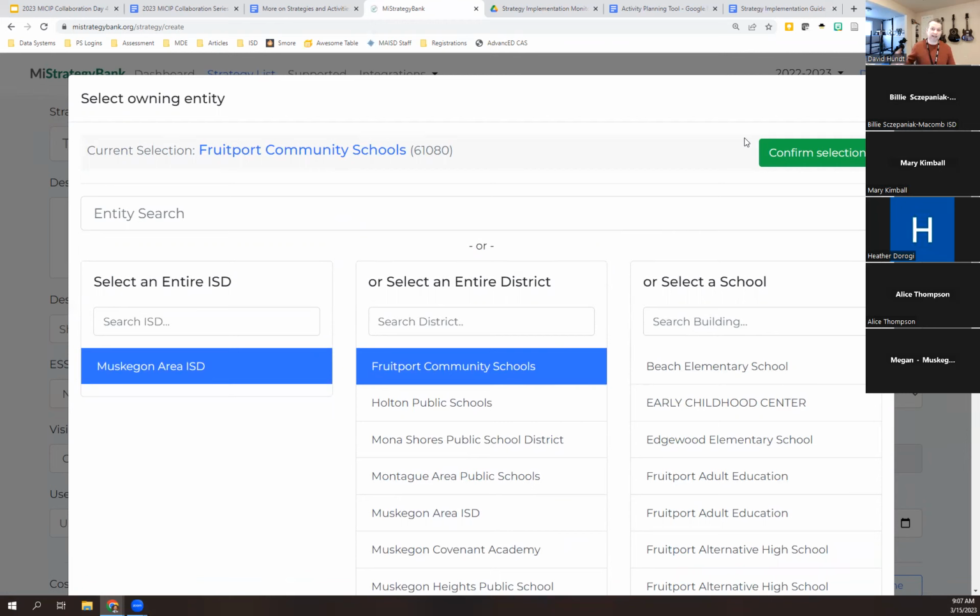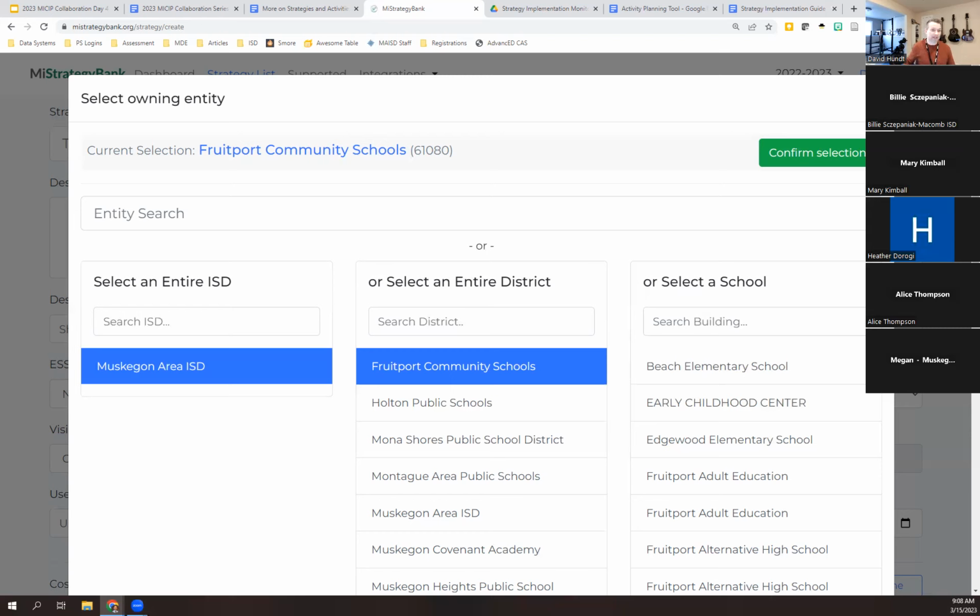So when Megan and I made that strategy, it didn't go out and push out to the whole state. You have to have a different level of access to publish things into the state. So anybody can make a strategy about anything for their district or for their school, and it'll be just available for your district or your school or your ISD, depending on what your level is.